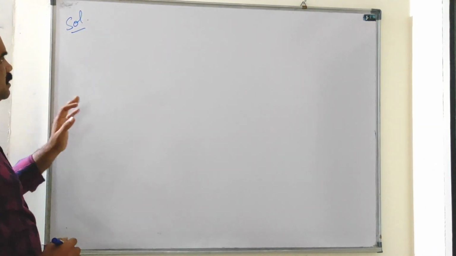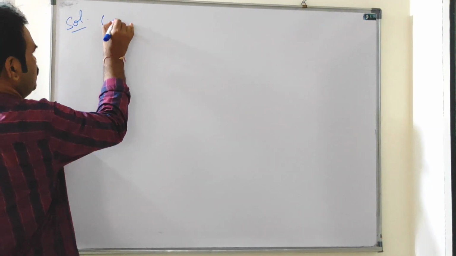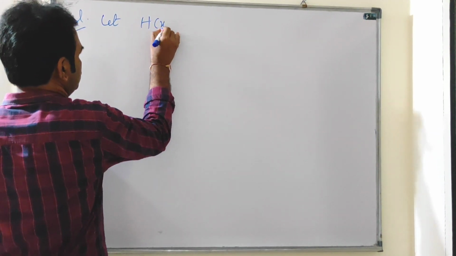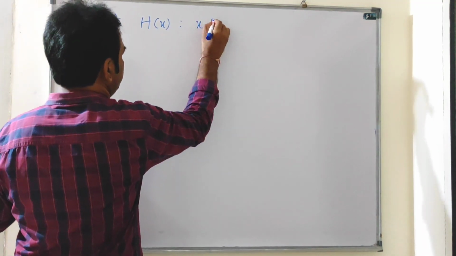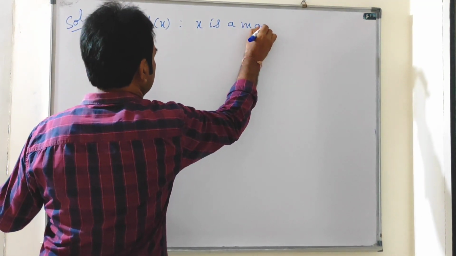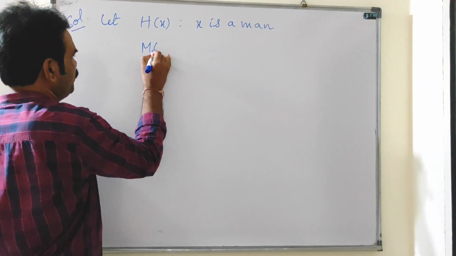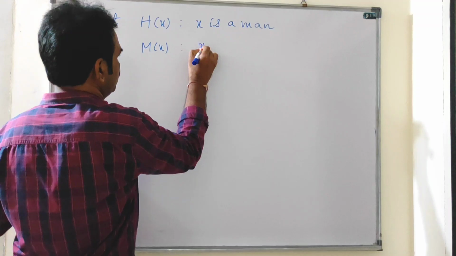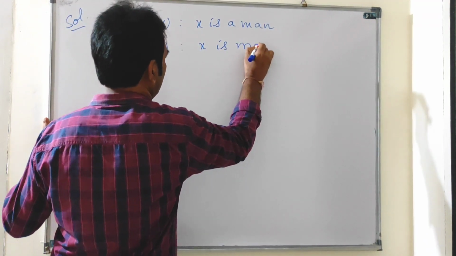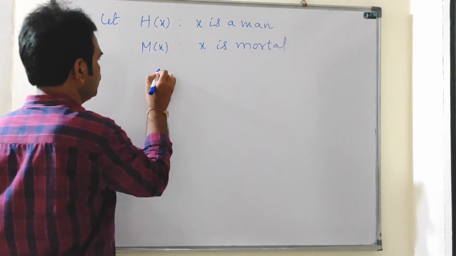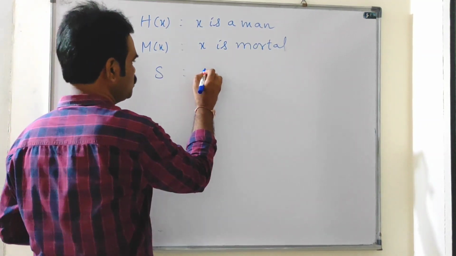Let us represent the statements as follows. Let h of x represent the statement x is a man. M of x, x is mortal. S stands for Socrates.